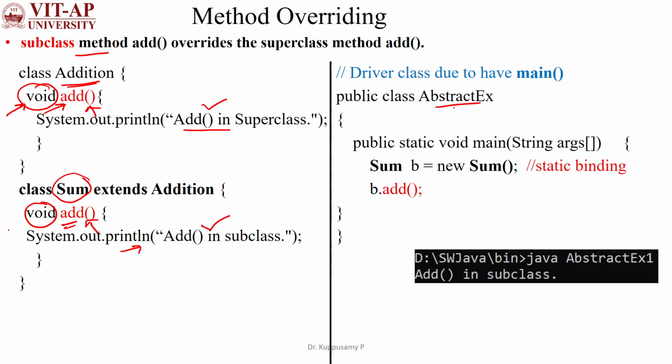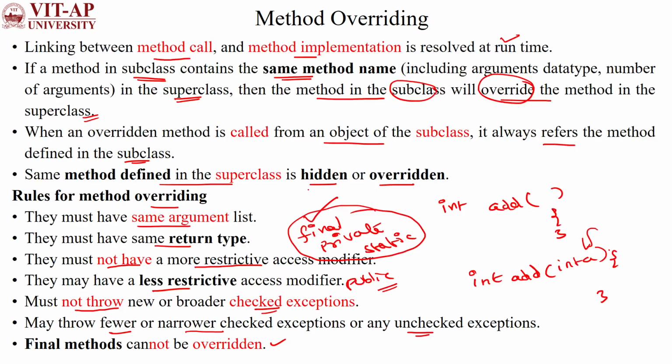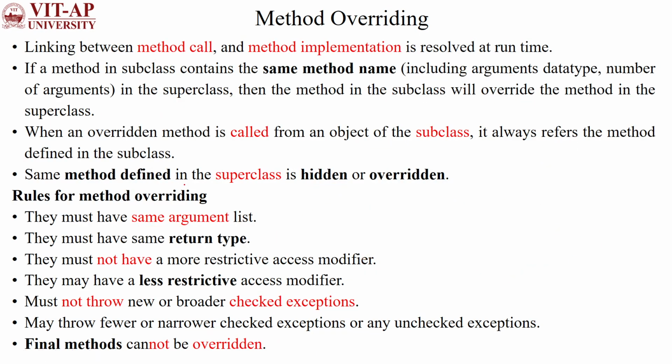Now the driver class is created. Here I am creating an object with respect to the class Sum. Sum is the child class, so this is static binding, as both sides' class names are the same. Then I am calling the method using the object with static binding. When you call it, the child class is overriding the parent class as per this statement, right?